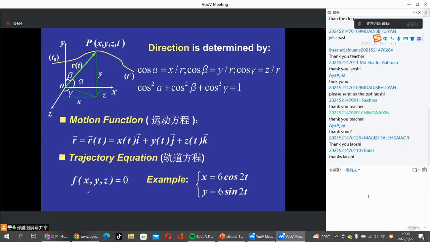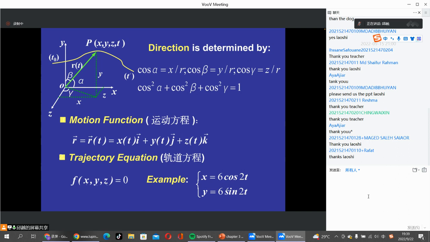And we can also say it describes the relationship between x, y, and z for every point on the trajectory. So for this example, we can see x equals 6 cosine 2t, y equals 6 sine 2t.